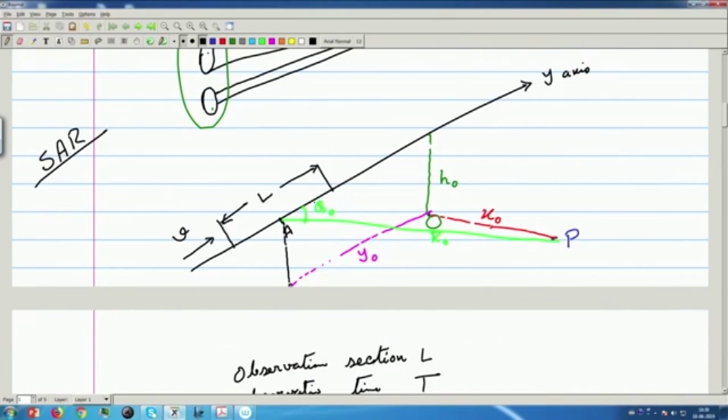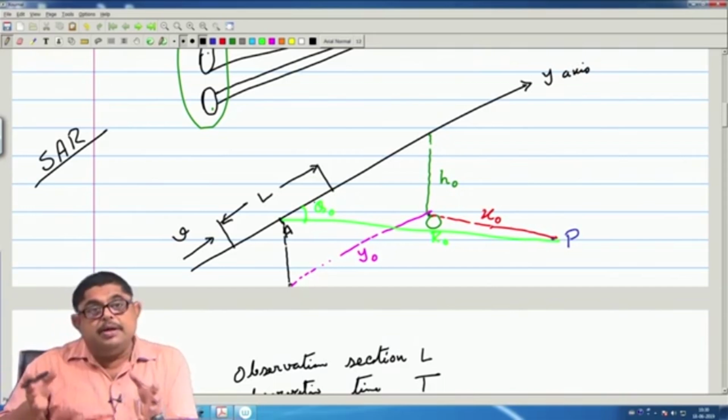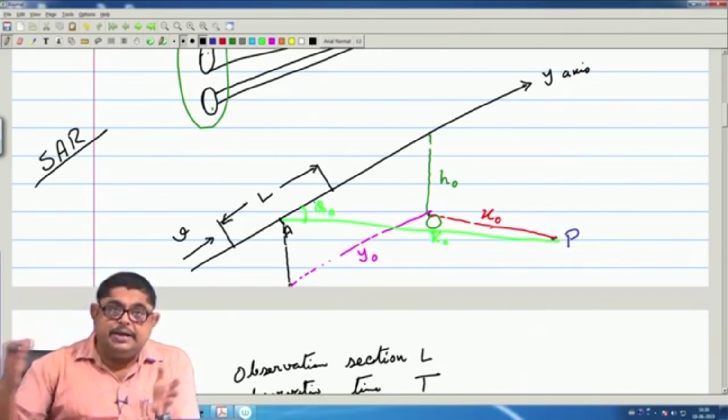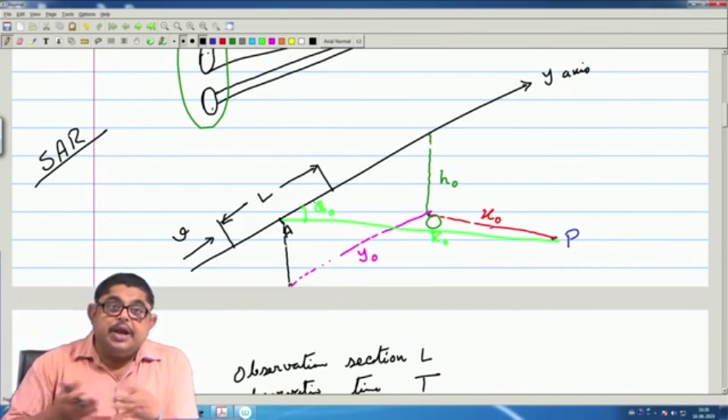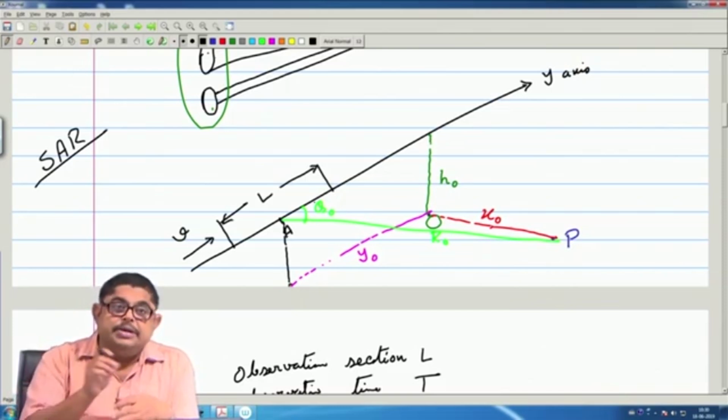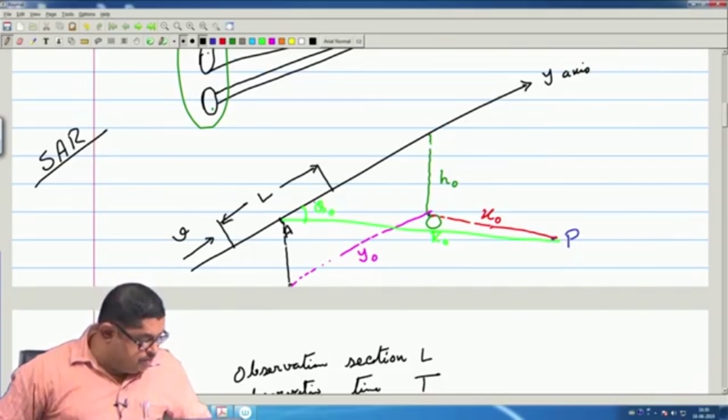So, that means the processor will have to have access to a good storage. So, if I increase L, the storage will increase and then it will have to phase compensate each of those echoes. So, computation will increase.